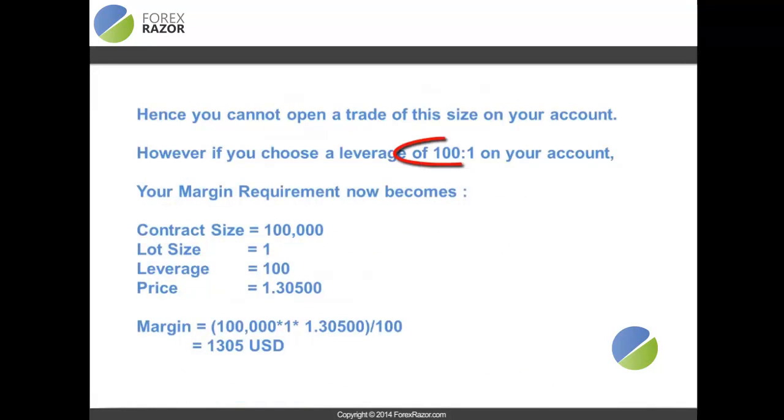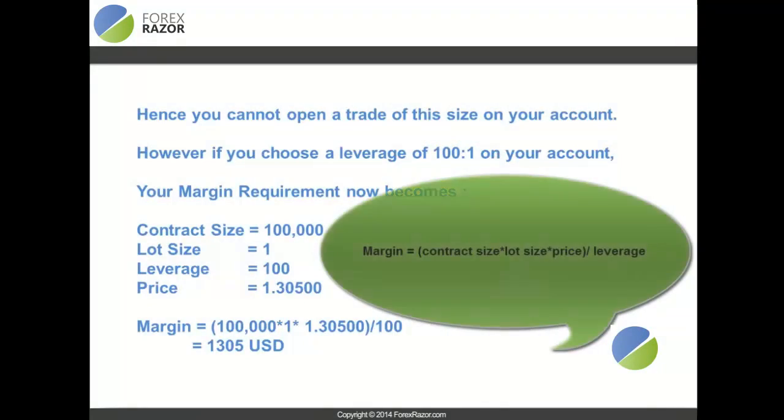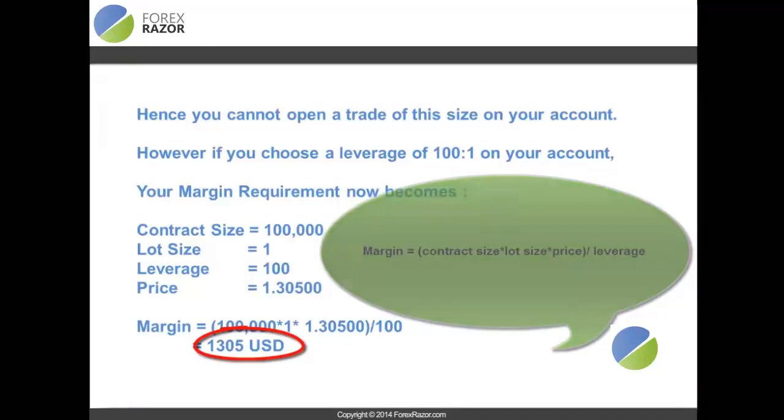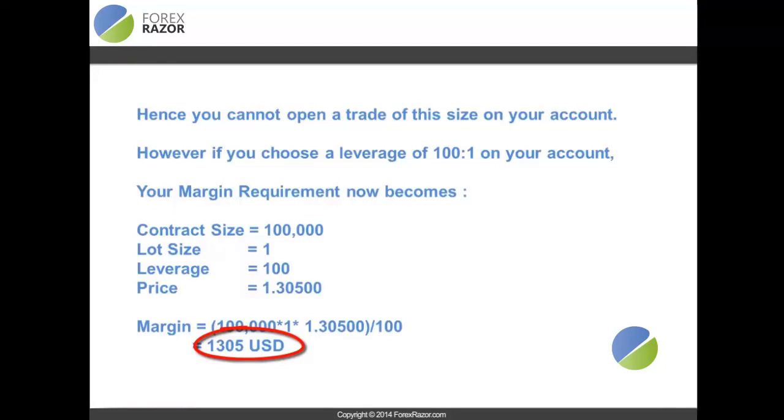However, let's say you choose a leverage of 100:1 for this account. Now your margin requirement, using the same formula that we used before, becomes contract size times lot size times price, product divided by leverage, which comes out to be $1,305, which you can easily provide from your initial deposit of 5,000.